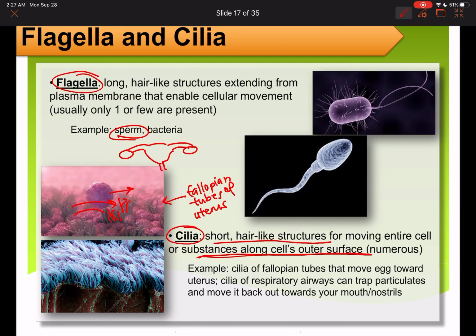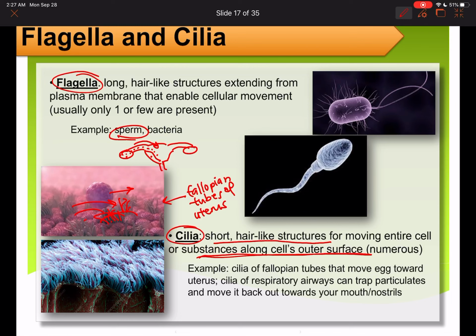An egg is ovulated from the ovaries, then travels into the fallopian tubes and has to travel into the uterus and embed into the lining in order for the embryo to grow if the egg was fertilized. What enables the egg to move towards the uterus is these little hairs sweeping the egg across.